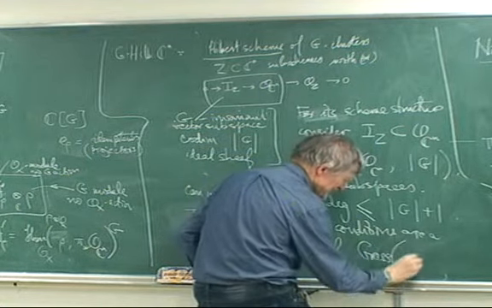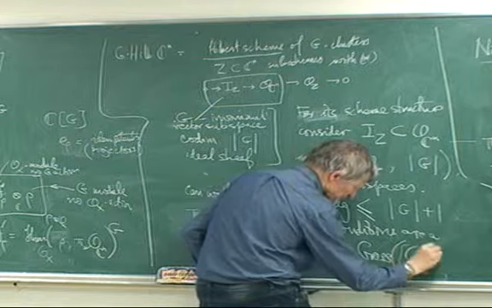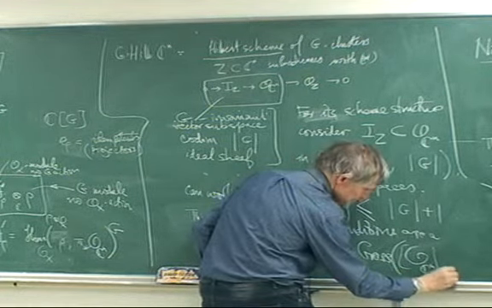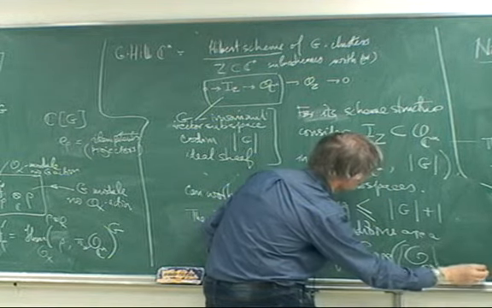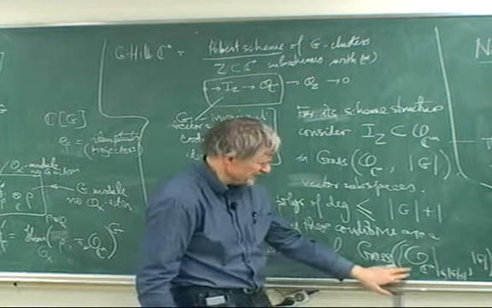So I'm doing Grassmannian. Now I'm writing OCn, but I'm really taking polynomials of degree less than G plus 1, and then G. So subspaces of this.